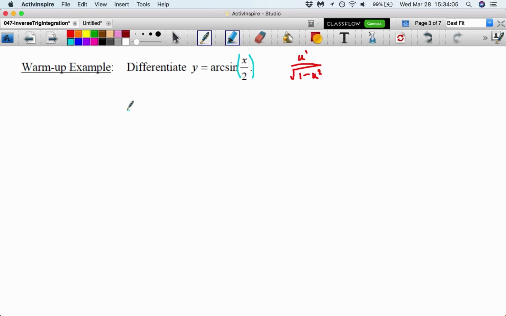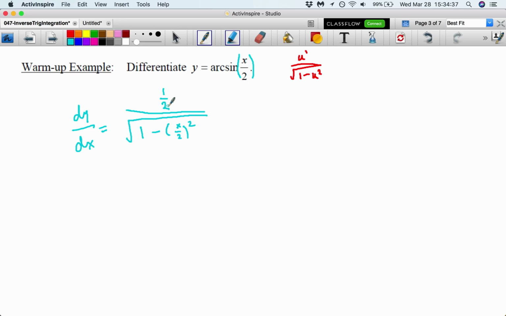So we have, I'll do the bottom first, the square root of 1 minus the inside, squared. And on the top, we should have the derivative. Sorry, I almost forgot the label. On top, we should have the derivative of x over 2. The derivative of x over 2 is just 1/2.